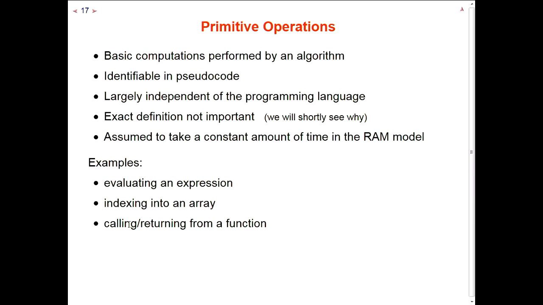And also calling a function and returning from a function is considered a primitive operation. At least for my purpose, this is what I want to consider primitive operations. As I said, the exact definition is not important, but it might be helpful if we look at some examples to agree on a very specific definition of what we mean by primitive operation.